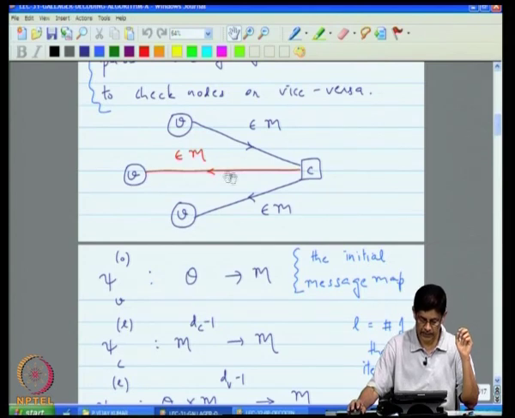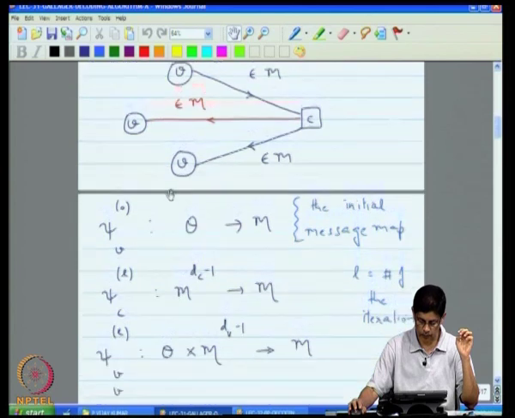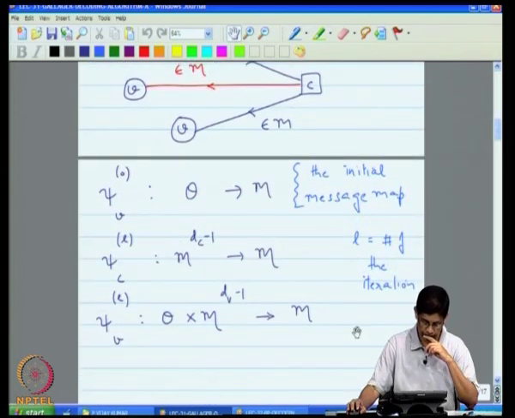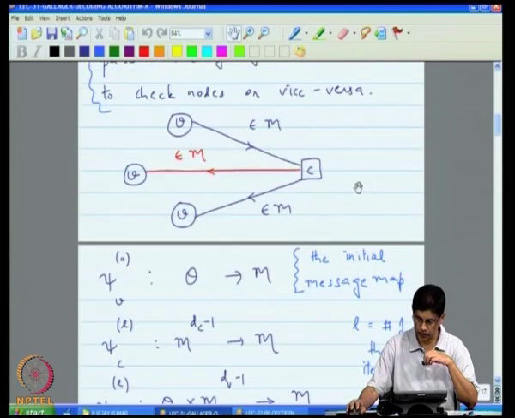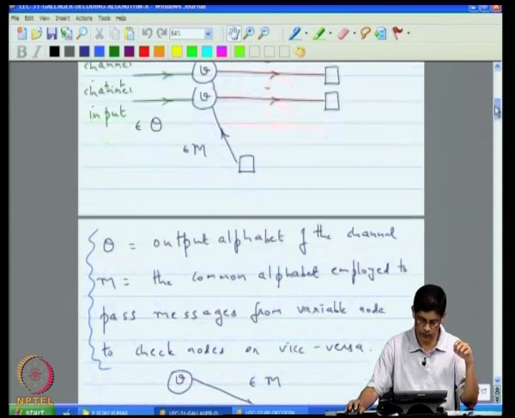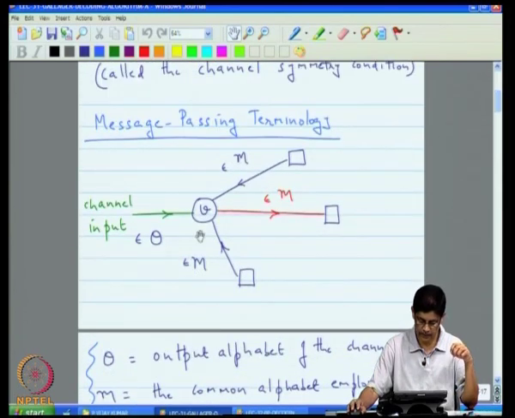Similarly, at a check node, there are incoming messages that come in from the variable nodes and an outgoing message. In general, you can regard the operation conducted at each node as a map. For example, initially the variable node map is simply a map that carries a symbol from the output alphabet onto the message alphabet.